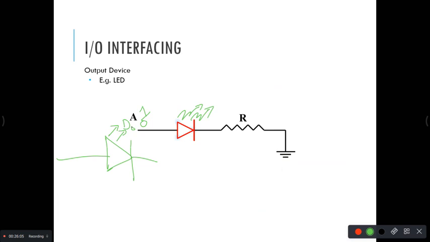Is it reading the data or writing the data? Writing the data, right? Which instruction is to write the data? OUT, okay, address. This address corresponds to this IO device. Can you tell me what data I should give? Okay, I will just put the data into the AL register. What data should I give to make the LED on?